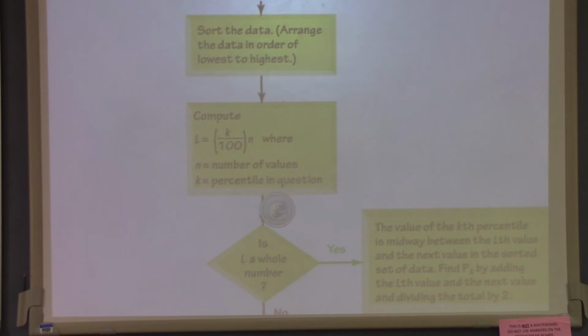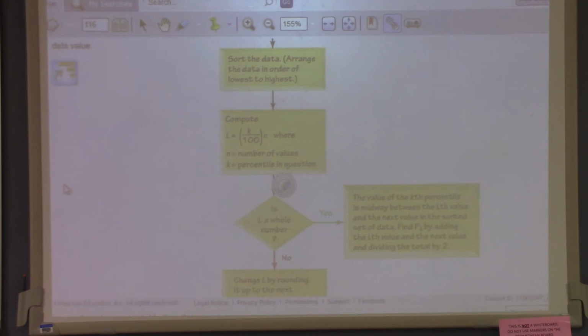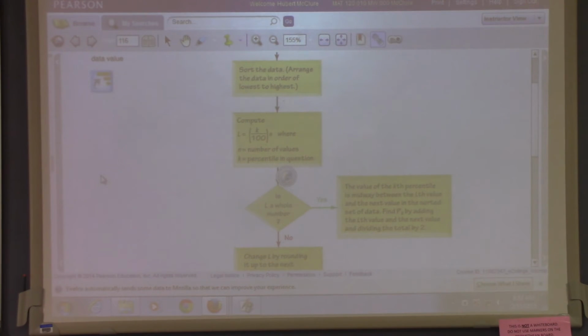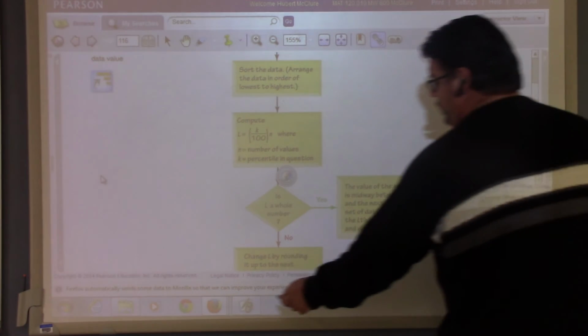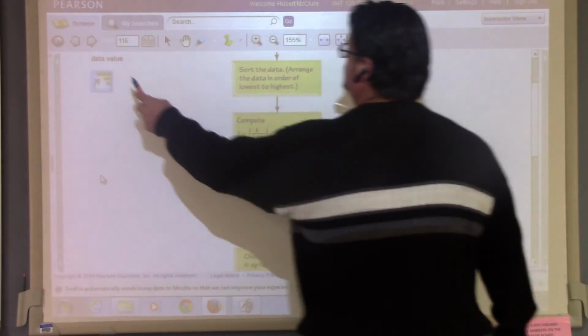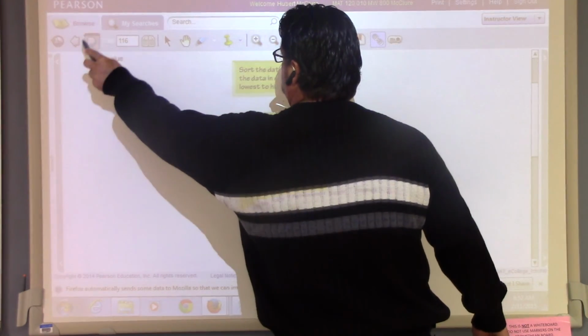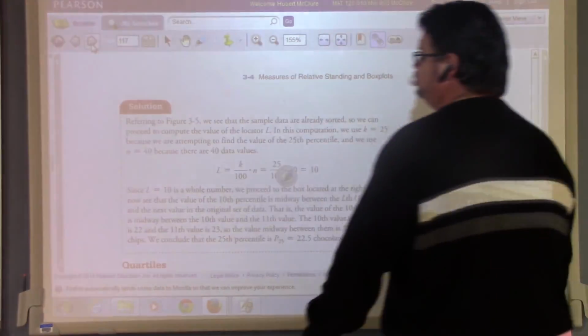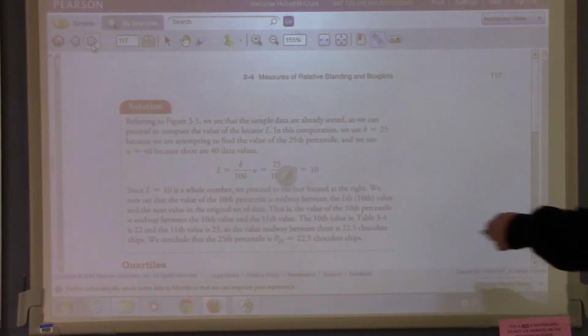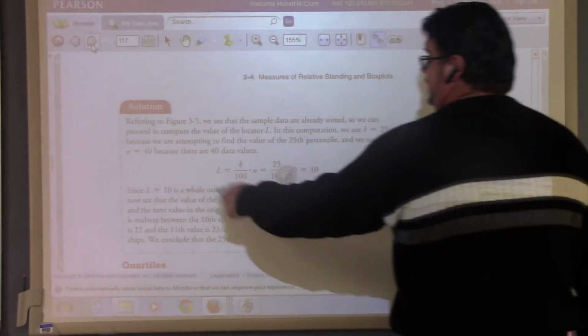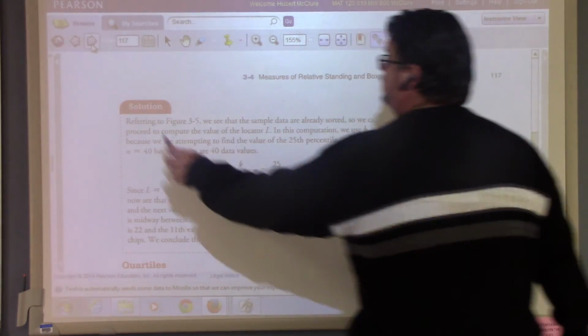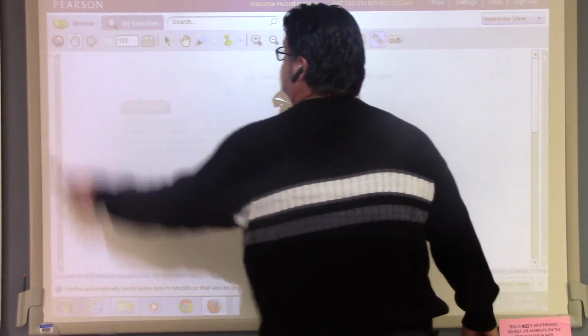Okay, demagnify it, please. Excuse me. They must be on the bottom of the previous page.